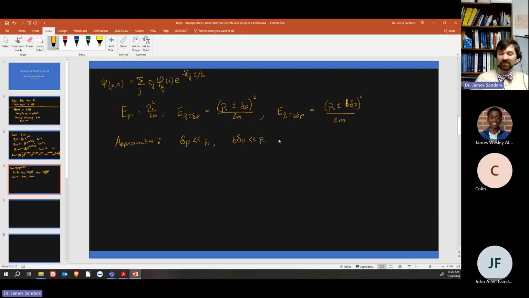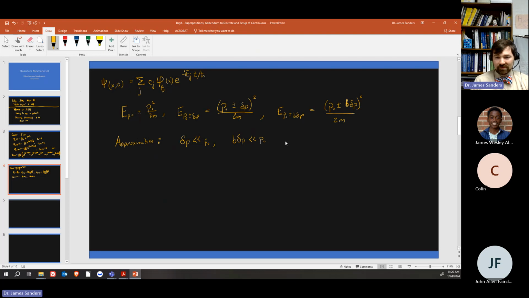So you could say delta p is 0.1 of p naught, and that satisfies things, and B is 2, and that will work. But you can't choose, say, delta p is 0.1 p naught and B is 10. That will no longer work.